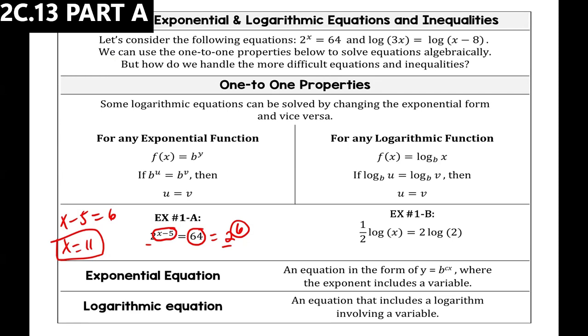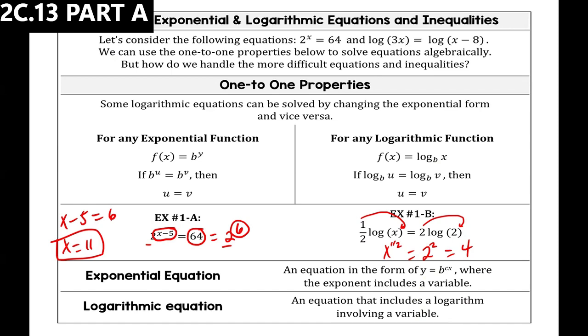Okay. So when you do it for log, you have to make sure it's just the argument. So before I do anything here, I'm going to have to apply the exponent property or the power property, and I'm going to have to turn my coefficients into powers. So that means I have x to the 1/2 equal to 2 squared. If I have x to the 1/2 equals 2 squared, that means it equals 4, right?